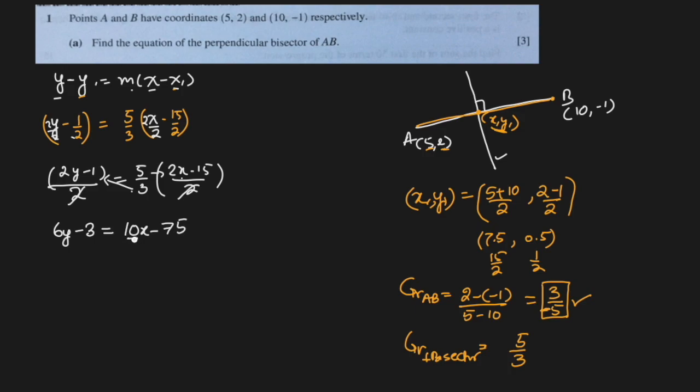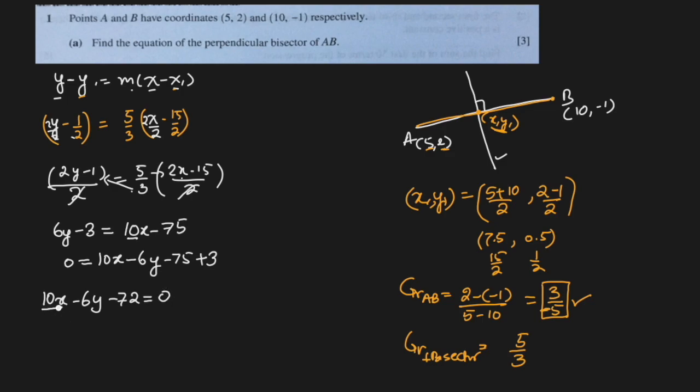Since x is positive here, let's bring everything to the right side. So 10x minus 6y minus 75 and plus 3. This minus 3 comes here. Let me rearrange again: 10x minus 6y minus 72 equals 0.